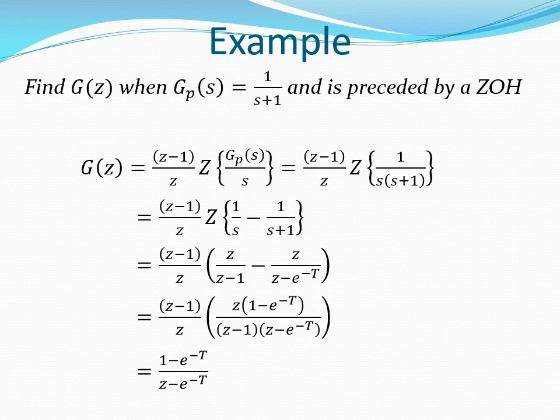We obtain the expression for G(s) over s as 1 over s times (s plus 1). We then apply the necessary steps to obtain the Z transform of that expression. After combining the results, we get G(z) as being equal to (1 minus e to the minus T) over (z minus e to the minus T).